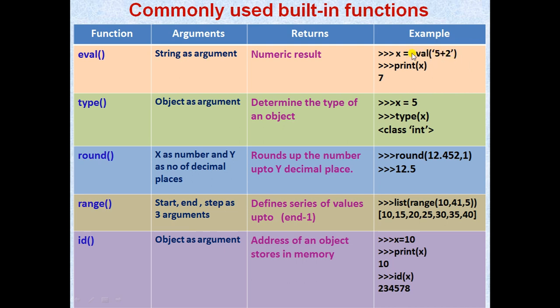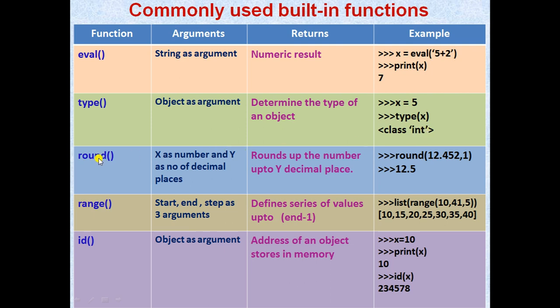But if you use the eval function for that, it calculates 5 plus 2 as 7, and the 7 is assigned to x, and whenever we print x, we get the value 7. type is a function which we have already used to determine the type of an object. Suppose x is 5 and we call type of x, then it will return that x is of integer type.